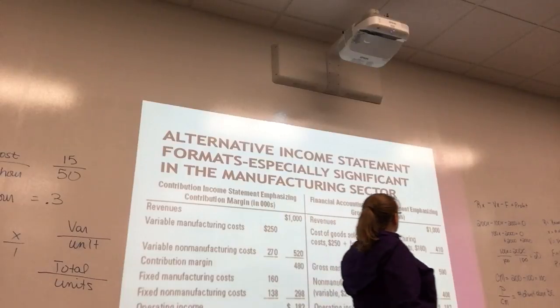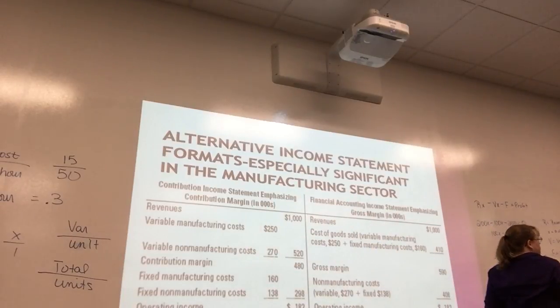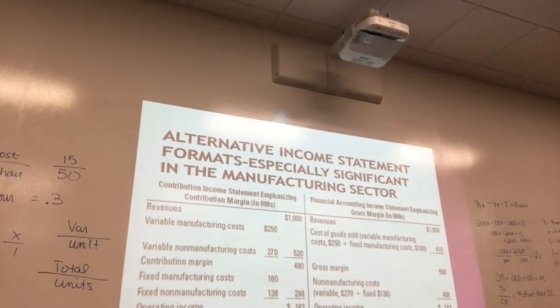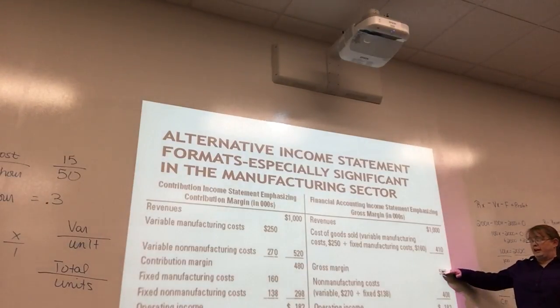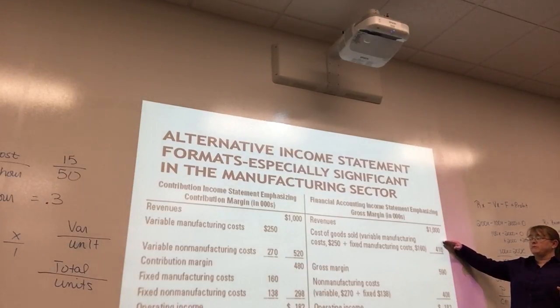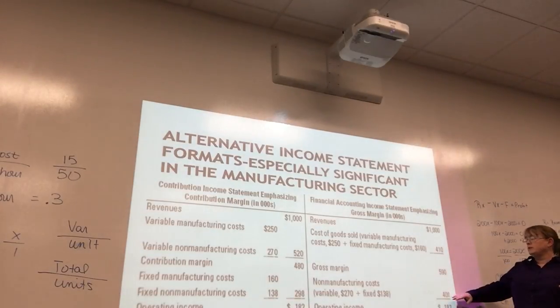If I'm doing gross margin, everything above the line is your manufacturing costs, both fixed and variable. Above the gross margin line, I have fixed and variable manufacturing costs. Below the line, I have the non-manufacturing fixed and variable costs.